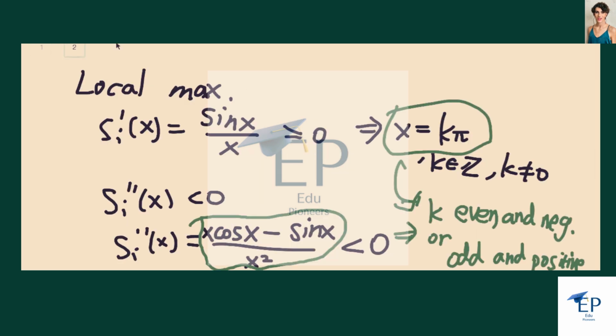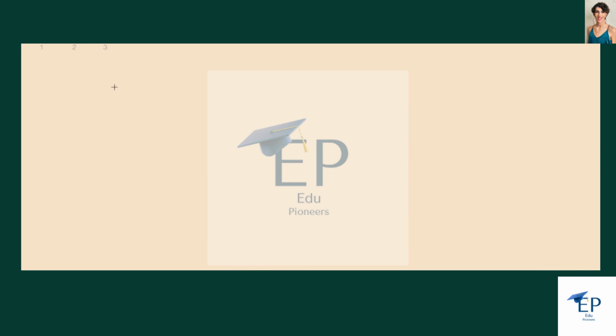First inflection point, that's right to the origin. So let's open another page. We want to solve x cosine x minus sine x.